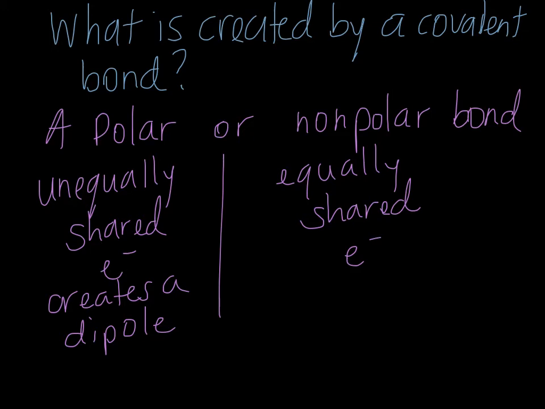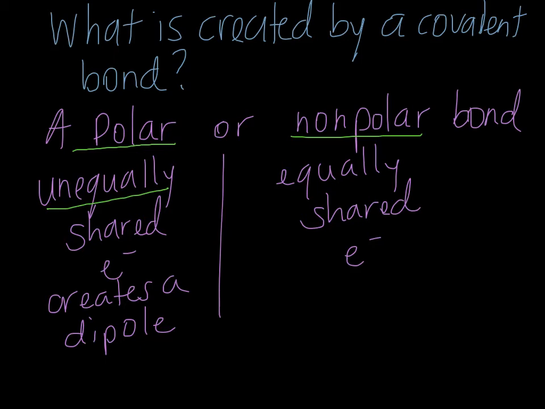Okay, so whenever you have a covalent bond, there are two things that can be created. You either are going to have a covalent bond that is polar or a covalent bond that is nonpolar. Basically, it all has to do with how these electrons are shared. When it is a polar bond, that means it is unequally sharing those electrons.